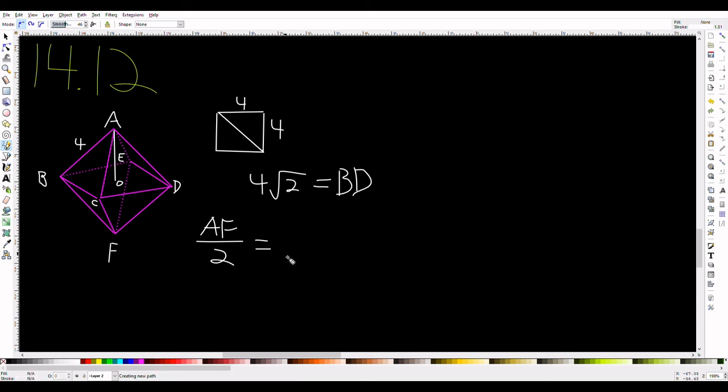So that means 16 minus BO, which is 2 root 2, squared. And I want to just do the squaring together because I know you all feel uncomfortable dealing with exponents and square roots. So square root of 2 times square root of 2 is 2. And 2 times 2 is 4.